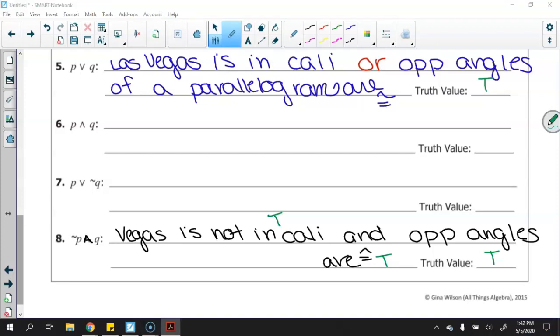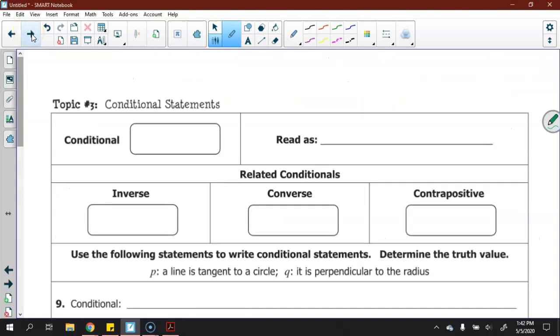All right. Ready to flip? Yeah. All right. So on the back, we're starting with more conditional statements and stuff. So let me fill this in real quick.